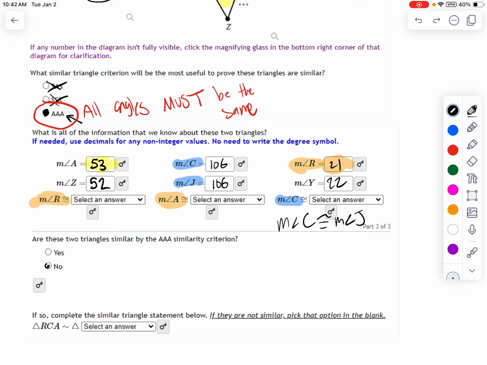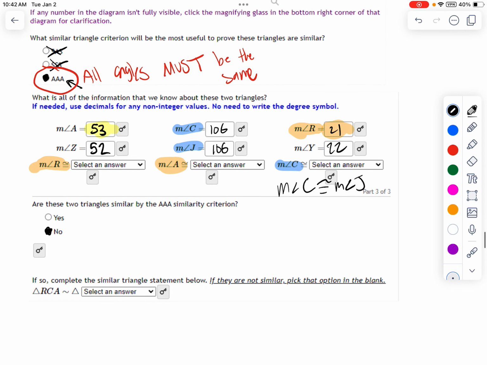So are they similar? No, because not all of them are equal to another angle, which means you would just pick the not similar drop down on that menu.